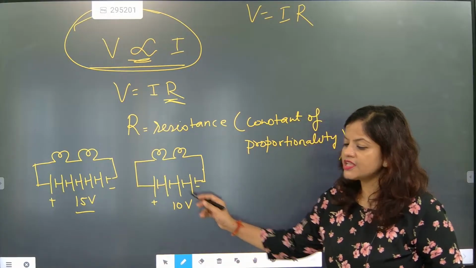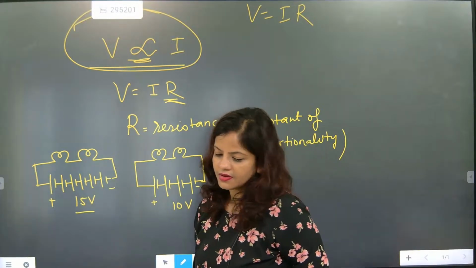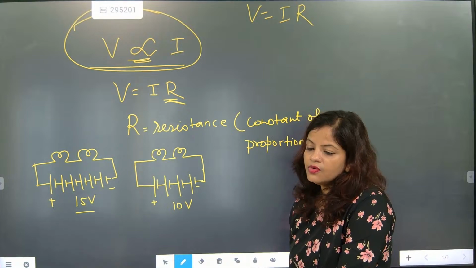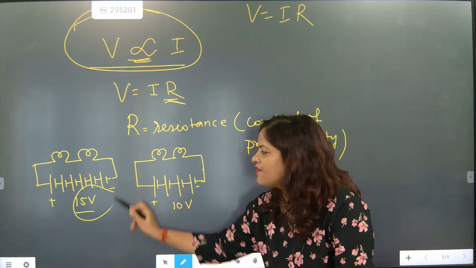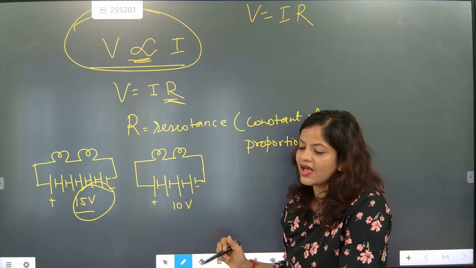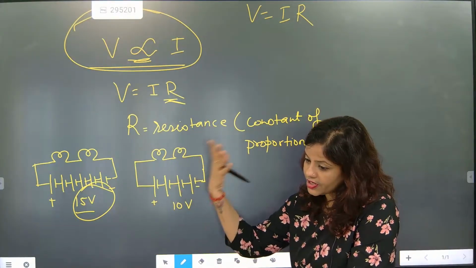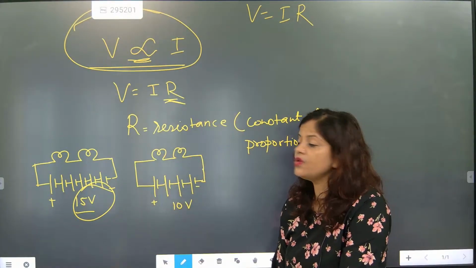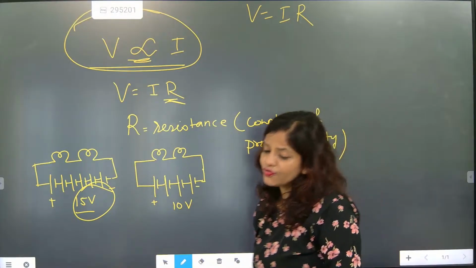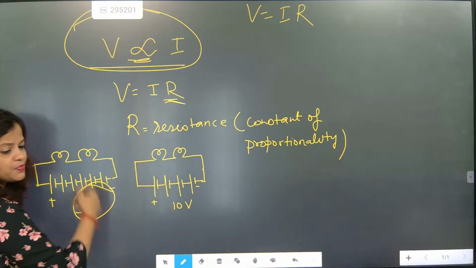This one, or this one? The one which has the higher potential difference will have a high possibility of flow of current. I hope you have understood. So the 15 volt circuit will allow more current.